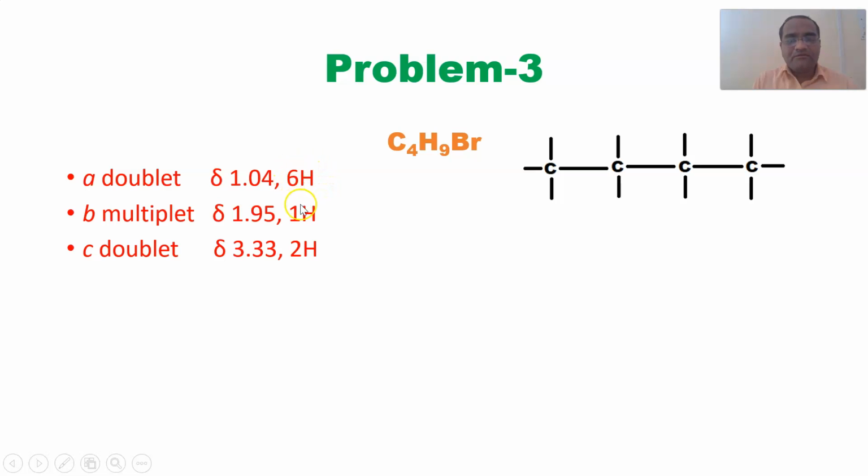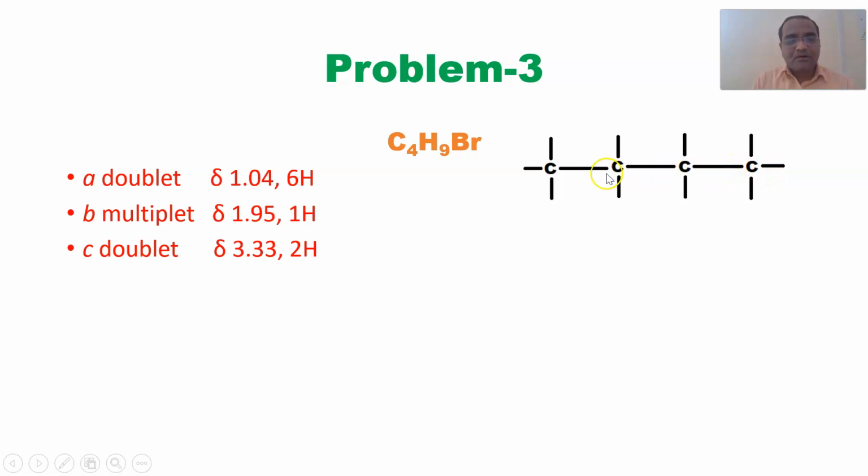Whenever we come to such signals, there are 4 types of carbons over here, and out of those 4 types, 2 are equivalent. For 2 to be equivalent, there cannot be such a straight carbon chain.